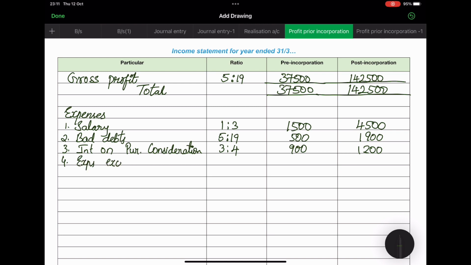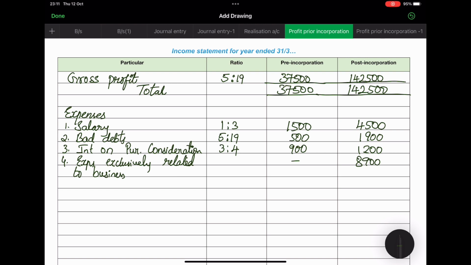Next point, expenses exclusively related to the company. Since they have clearly mentioned exclusively related to the company, it is fully related to the post-incorporation period. So we can directly write it in the post-incorporation period: 8,900. There are no further adjustments in the question, only this much. Mostly they have given adjustments based on the sales ratio.